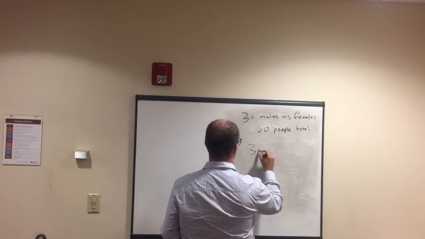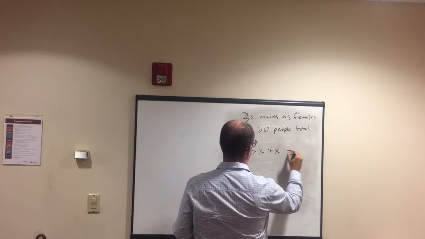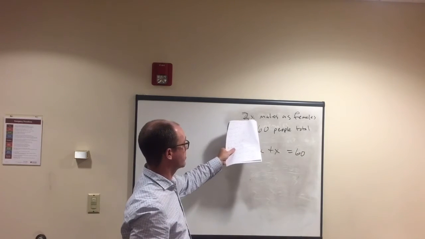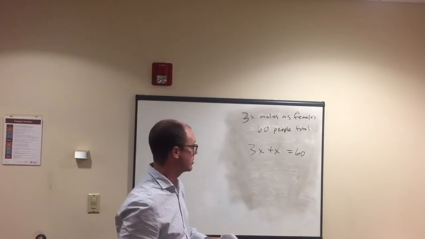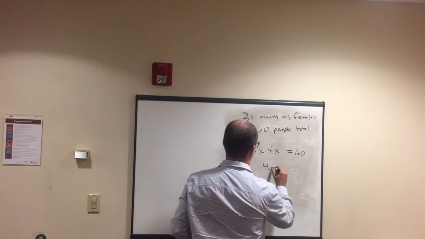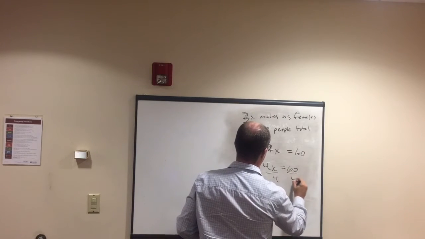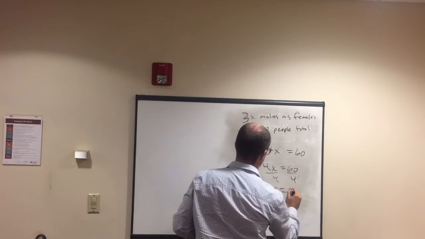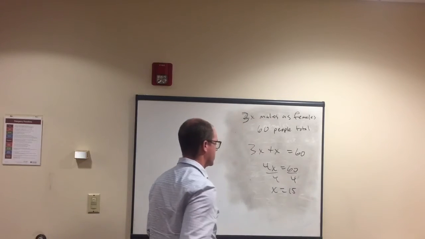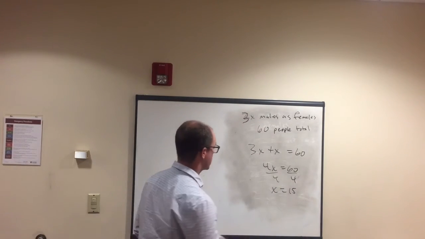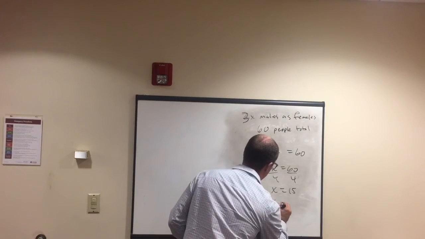Now it would be 3x plus x equals 60, because males are represented by 3 times x. Females still are just the x. 4x equals 60, divided by 4 on each side, x equals 15. Okay, and again, x would be females. And so if we're trying to find males, males are going to be 3x.